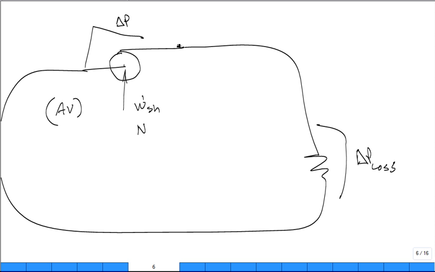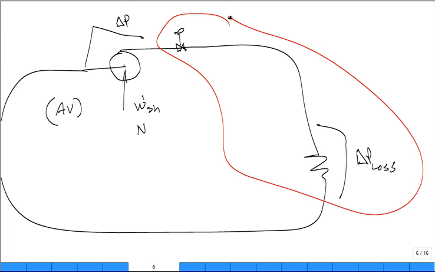Put a valve right there. Have it wide open. Not change the system. Start cranking down the valve. What happens? The resistance in the system starts to go up. The pressure that the pump has to produce to match it has to go up. The flow through the pump goes down.